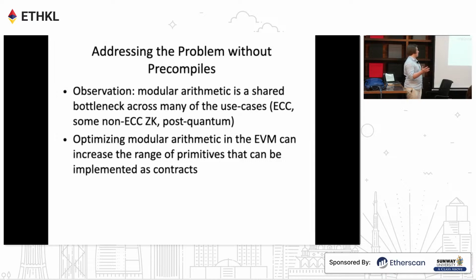I mean, pairings are over elliptic curves, so they all use modular arithmetic under the hood. It's like 90% of the bottleneck.